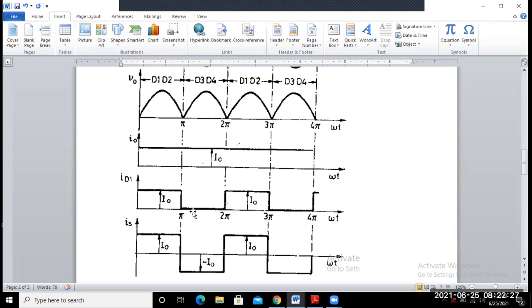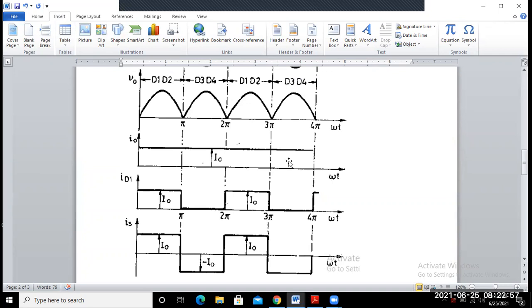So average diode current equals I0 into pi divided by 2 pi. That means in 2 pi we only got the value of I0 up to pi. So I0 into pi by 2 pi, that means I0 by 2. Is it not? You already found out the value of I0, so just divide by 2, and that is equal to the average diode current.